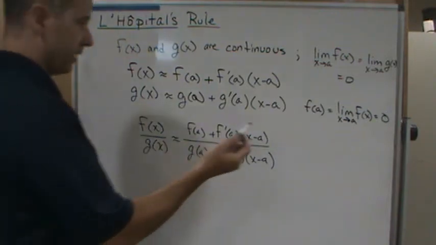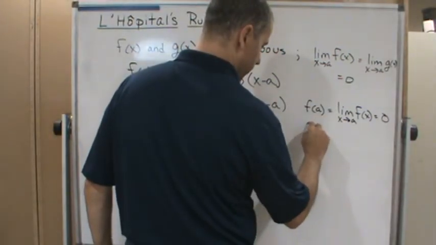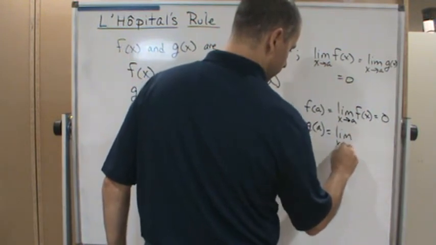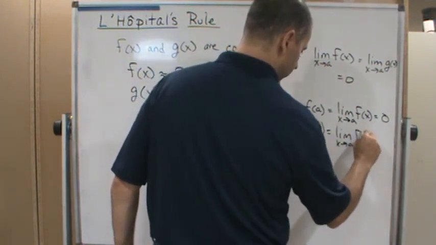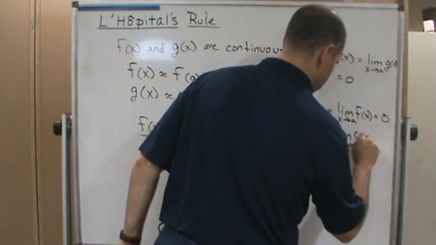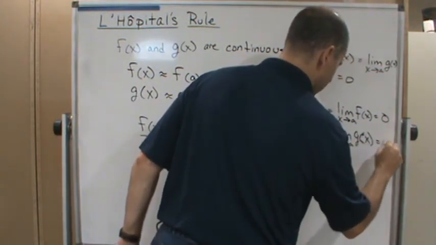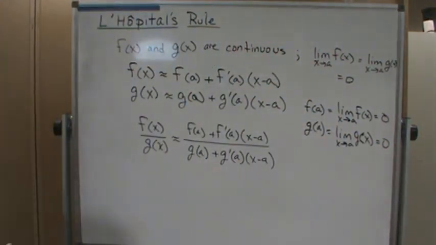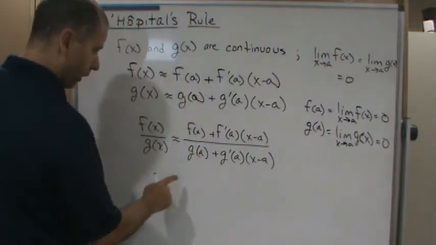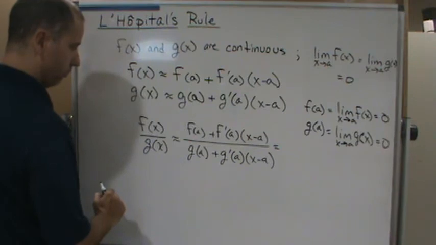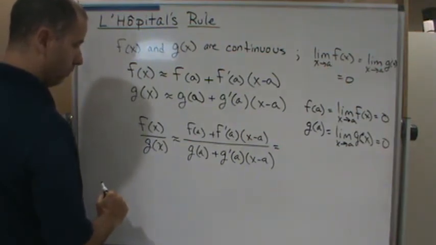And then similarly the same thing, since g is differentiable, g of a is equal to the limit as x approaches a of, oops, not f, g of x, which is also equal to 0. Okay? So that means, guess what? This equals, now this is 0 and this is 0, right?